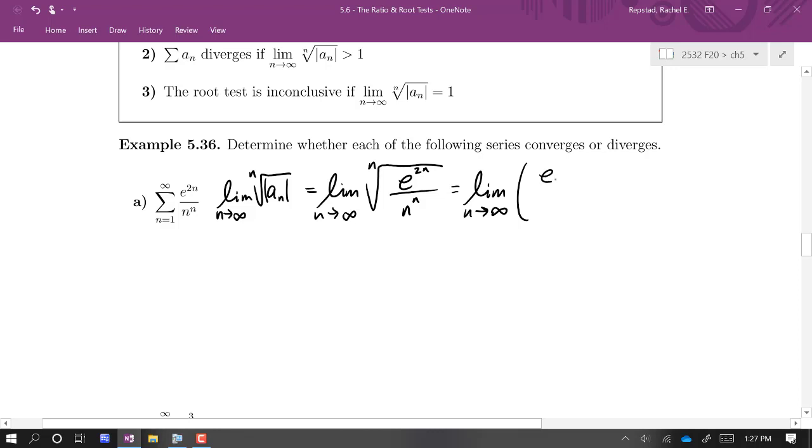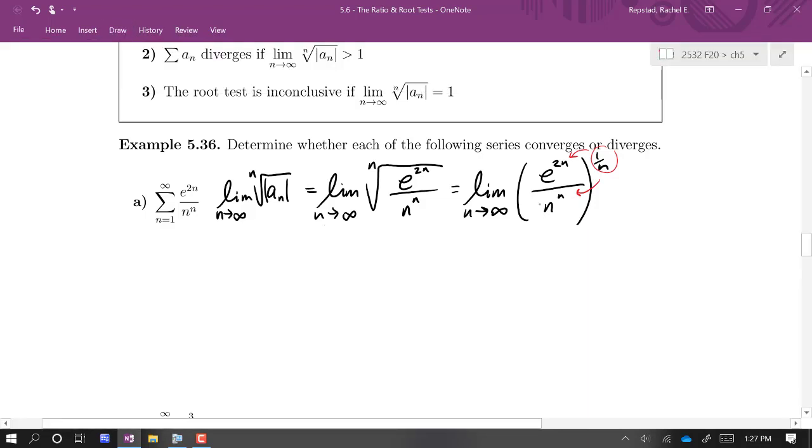So I have the fraction e to the 2n over n to the n, all raised to the 1 over n power. Now we can distribute an exponent over division. So I'll apply that exponent to both the top and the bottom, and when we raise a power to a power, we multiply them.